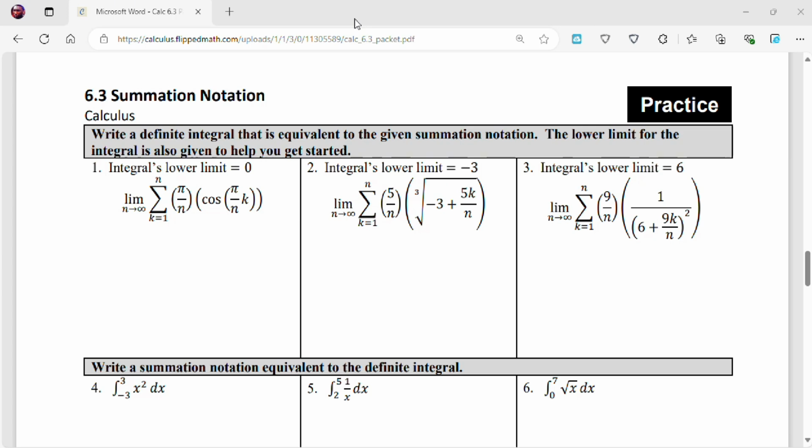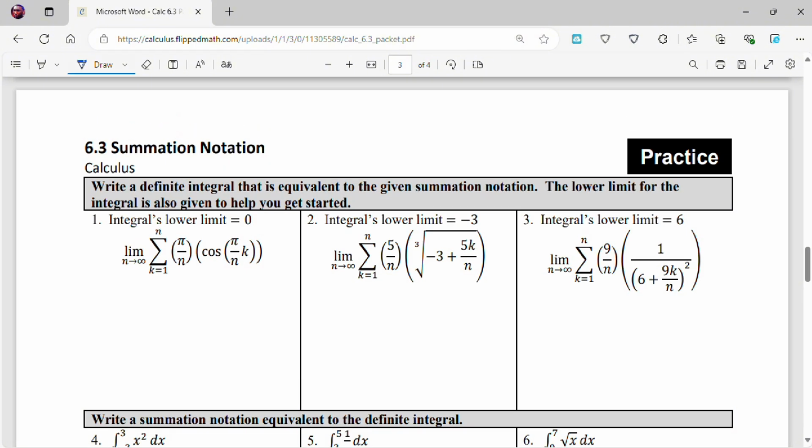Okay, so this lesson is probably one of the hardest ones in Unit 6. But once you start to understand the concept, it makes sense, right? So I'm going to write the formula real quick.